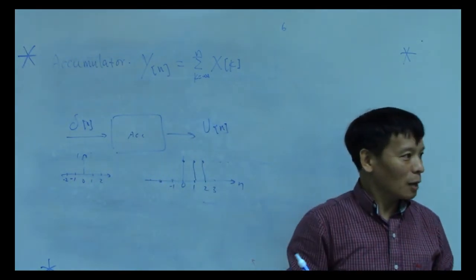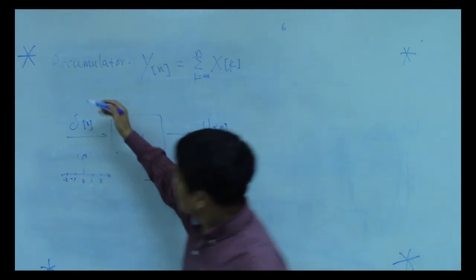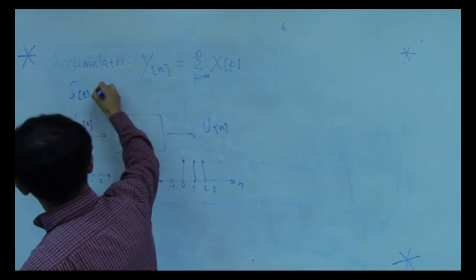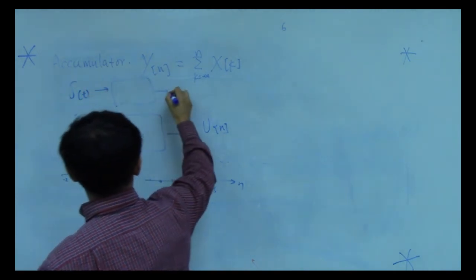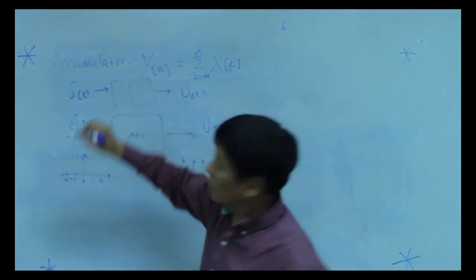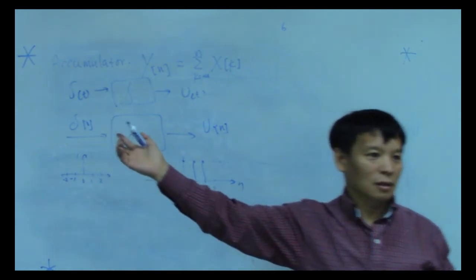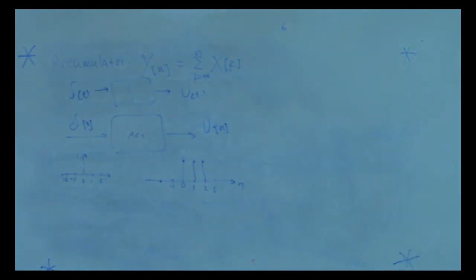In continuous time, this, what is this? In continuous time, we need this system, and we get a u(t). What is this? Integrator. This is accumulator, integrator, they are equivalent. One is in continuous time, the other one is in discrete.